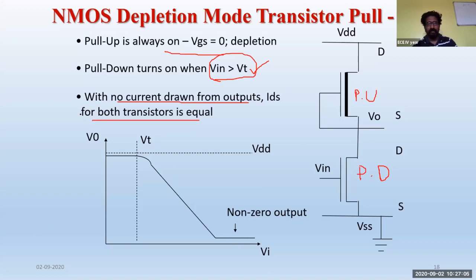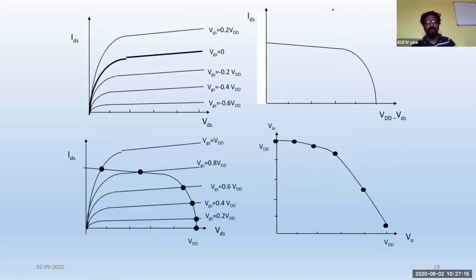You can see how it works, and this is a non-zero output at this point. And these are a few more characteristics which we have discussed in the previous lecture also. You can see that this is a characteristic of a MOSFET.